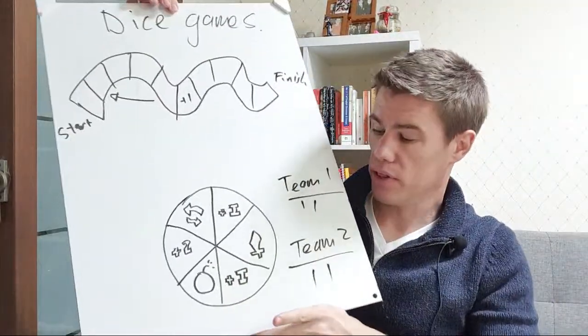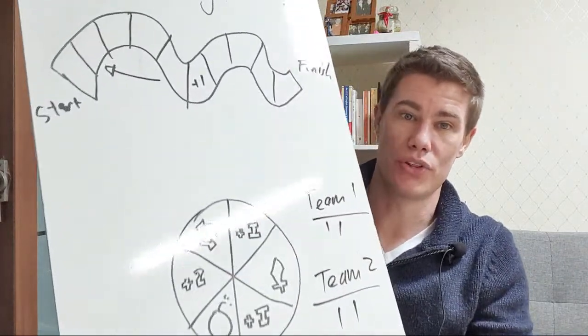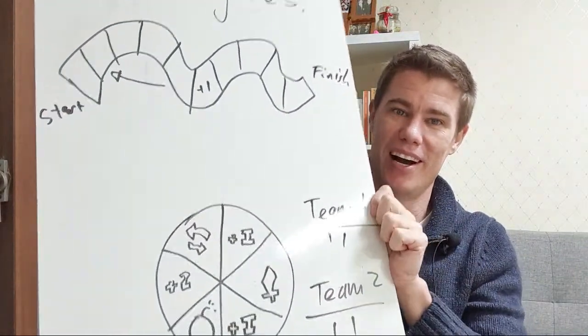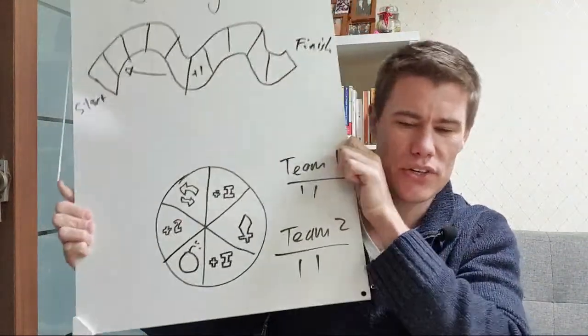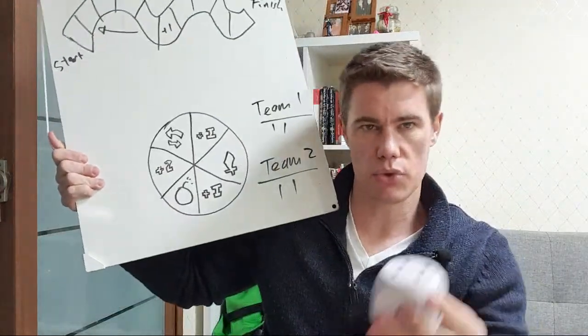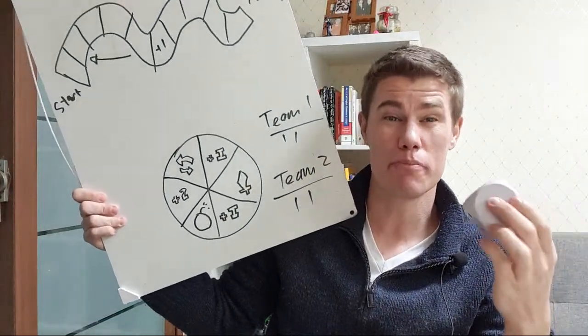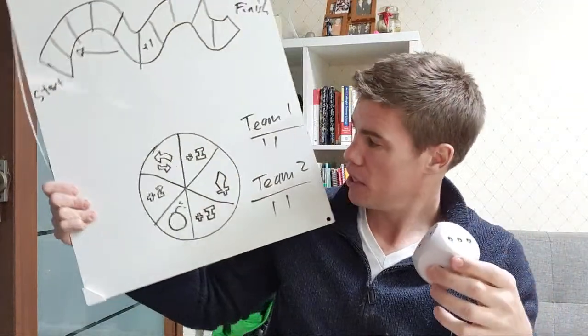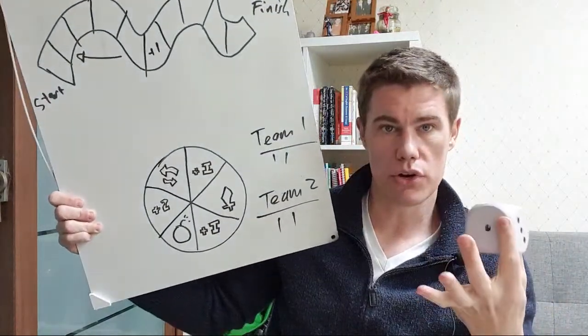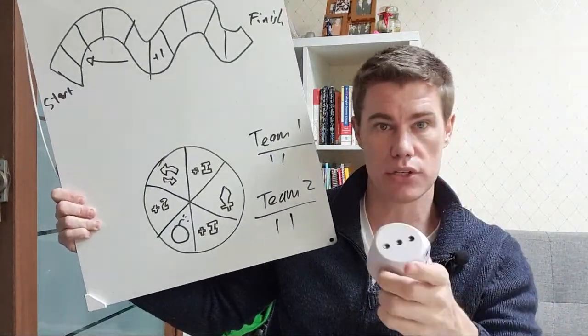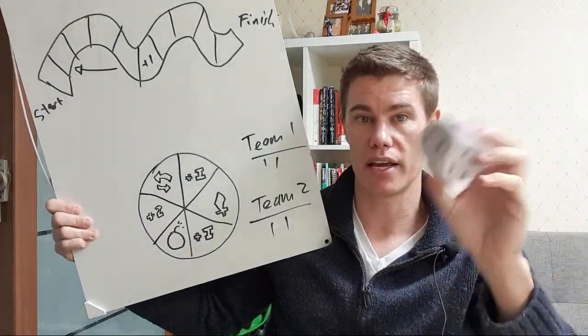Okay, and now the second game, number 2. This is a really fun one. I love doing this because, playing with these dice, it's all up to your imagination. You can do basically anything with it. What I like to do here, also a good review activity, is you ask the students a question. Once they answer, they get to throw.